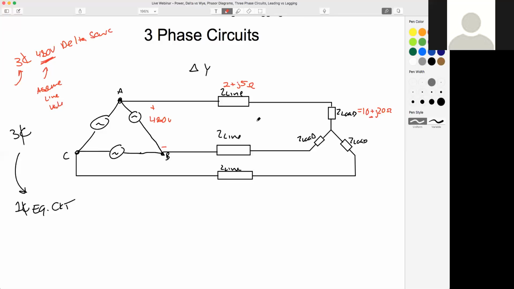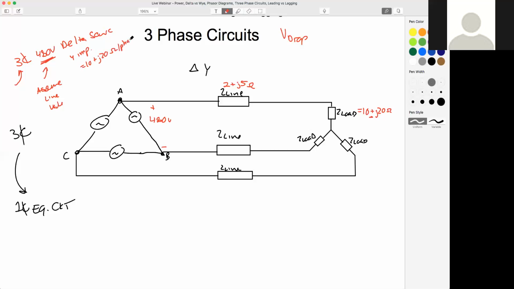How about let's solve for the voltage drop across the load. So we'll kill two birds with one stone. We're gonna do a three-phase circuit and we're gonna do a voltage drop problem. So I wanna know, okay, we've got a three-phase 480 volt delta source connected to a Y impedance that equals 10 plus J20 ohms per phase.